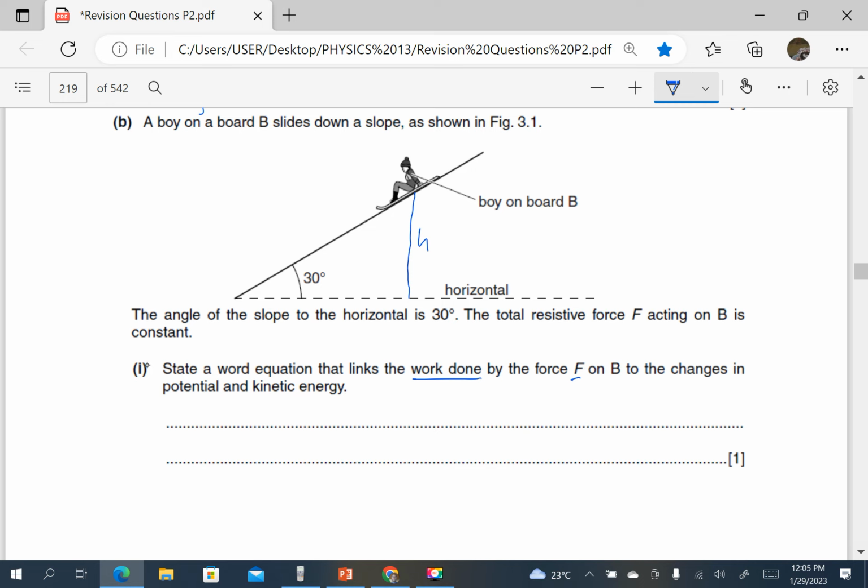So if there is no resistance, or if resistance is ignored, we shall simply say that the work done equals the decrease in gravitational potential energy, minus the gain in the kinetic energy.